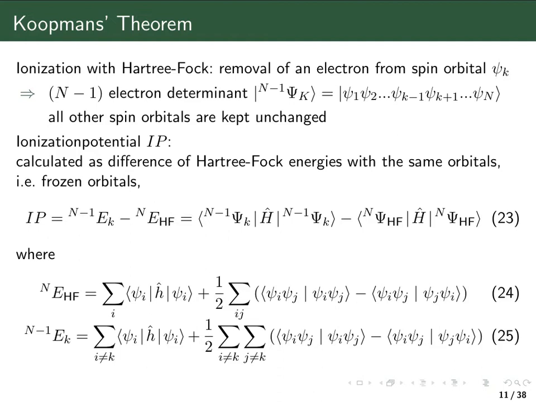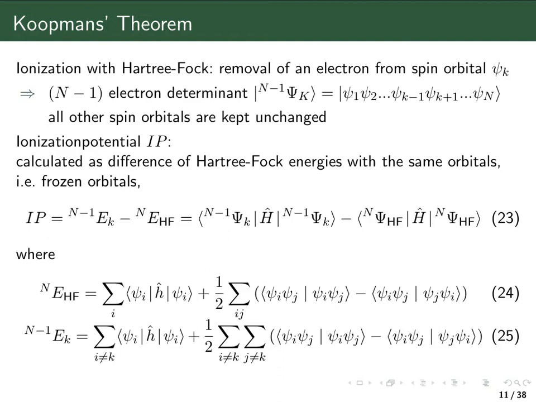The ionization potential, which one, for example, could measure in experiment, is then the difference in the energy of the ionized system, so the n-1 electron system, and the energy in the original n-electron system.